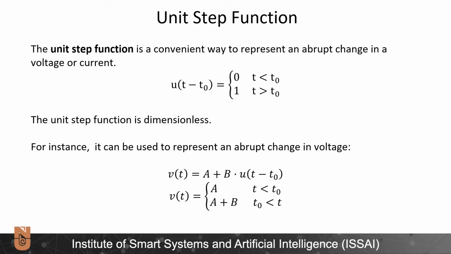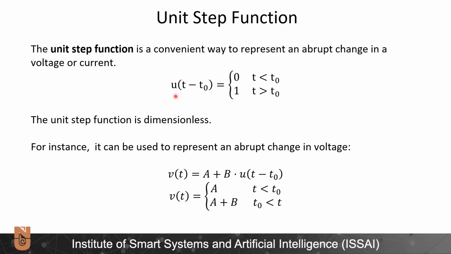In mathematics, we use special functions and operators to do mathematical operations easily in a more convenient way. Unit step function is one of those. It is something which we use to represent an abrupt change in a voltage or current.